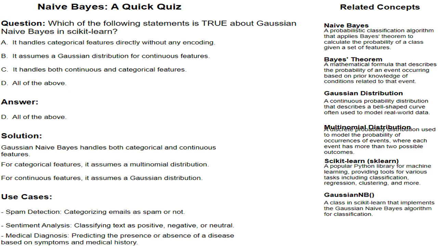Gaussian distribution: a continuous probability distribution that describes a bell-shaped curve often used to model real-world data.